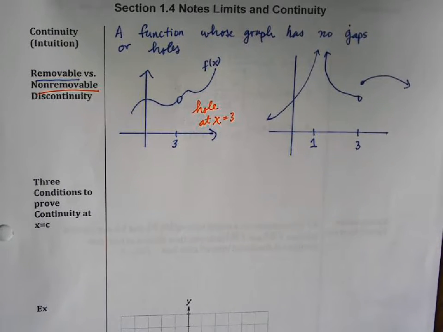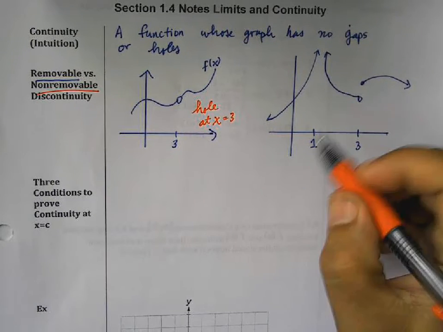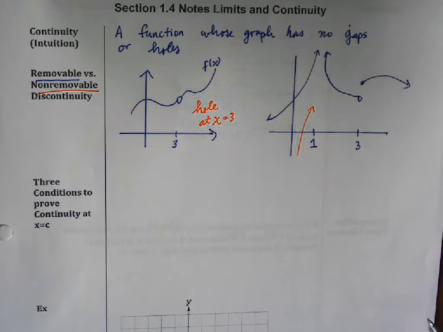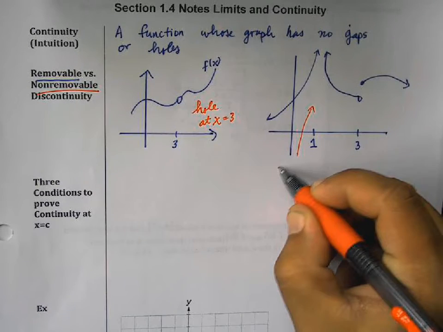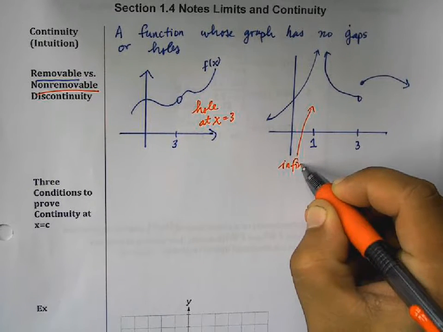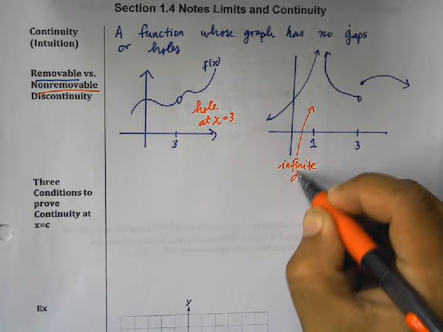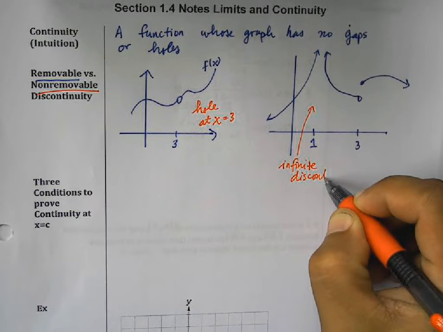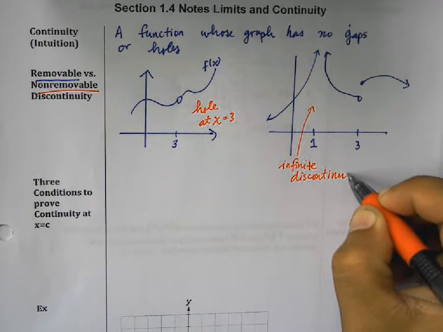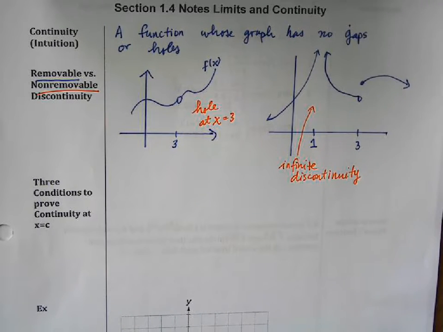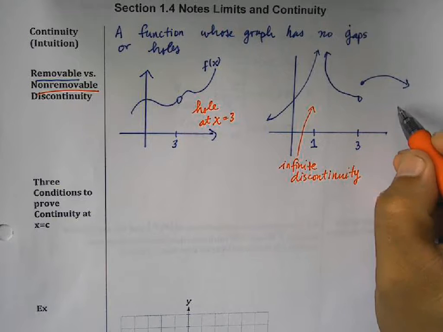Like in the second graph that I have here on the right, we can see that when x is equal to positive 1, what we have here is a vertical asymptote, and we'll call this an infinite discontinuity, because you have things shooting up to positive infinity, or you could have curves that go down to negative infinity.